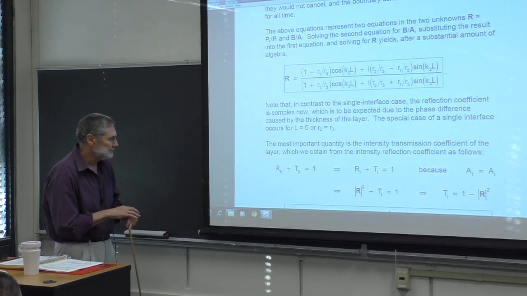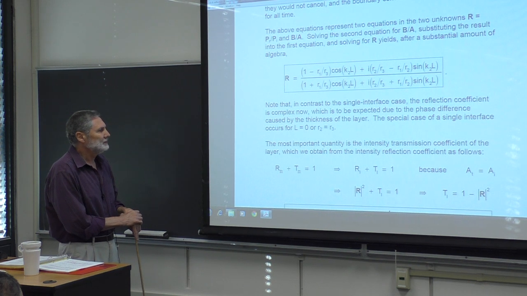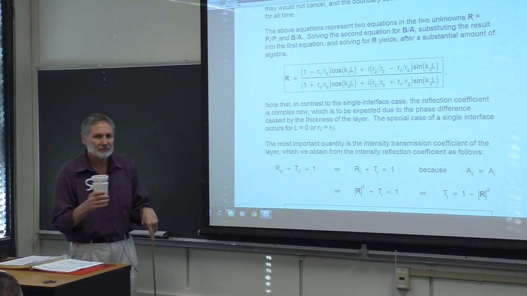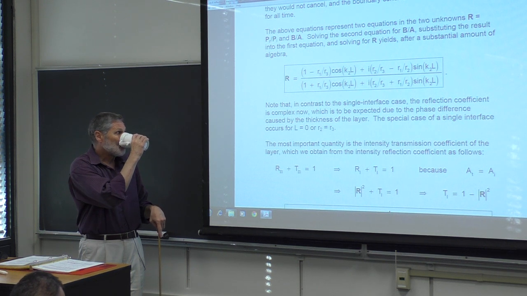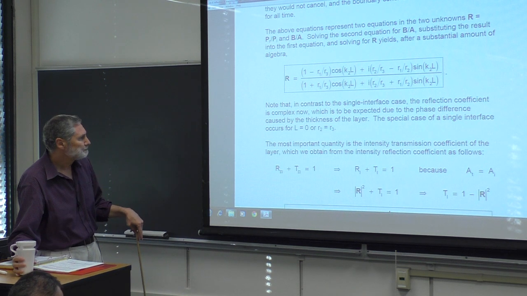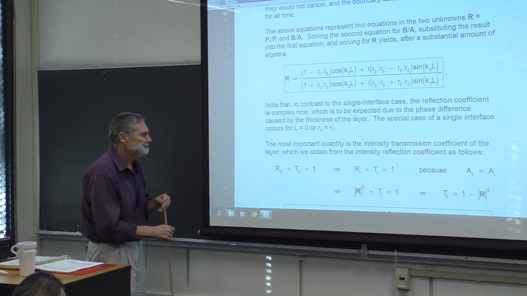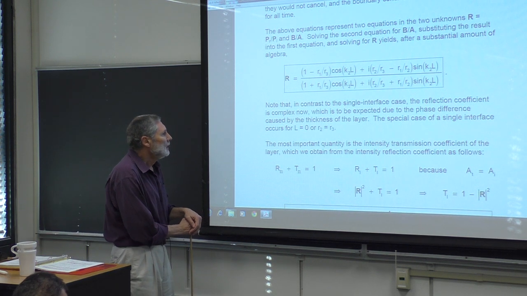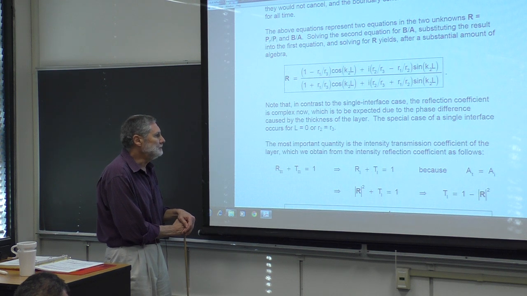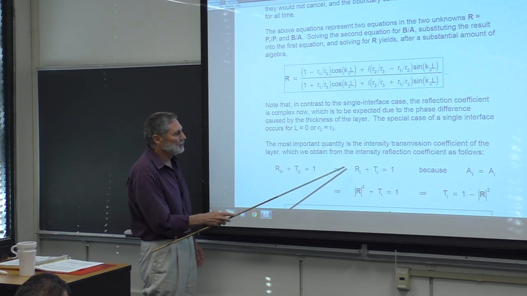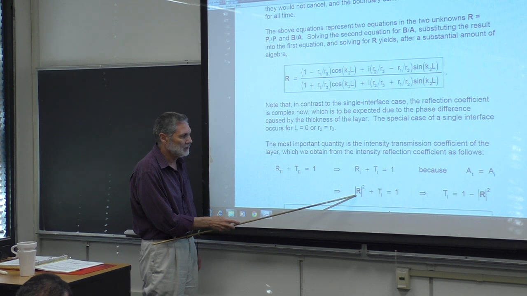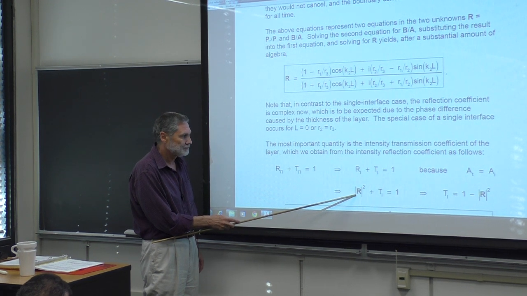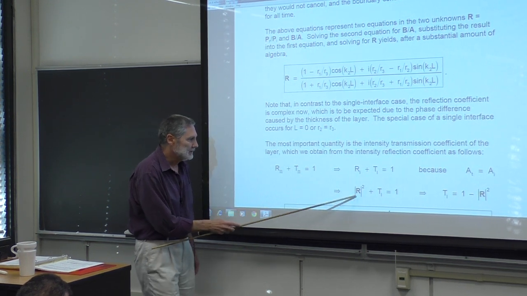That's another way. Again, what we tend to deal with here almost always is intensity. It's usually what you're interested in. So for normal incidence, you remember the intensity reflection coefficient is just the square modulus of the reflection coefficient. Same medium, that's easy.